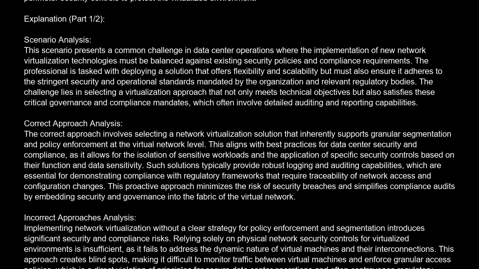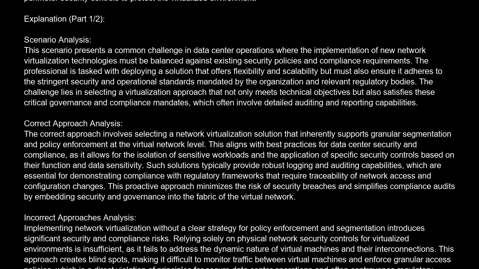The professional is tasked with deploying a solution that offers flexibility and scalability, but must also ensure it adheres to the stringent security and operational standards mandated by the organization and relevant regulatory bodies. The challenge lies in selecting a virtualization approach that not only meets technical objectives, but also satisfies these critical governance and compliance mandates, which often involve detailed auditing and reporting capabilities.